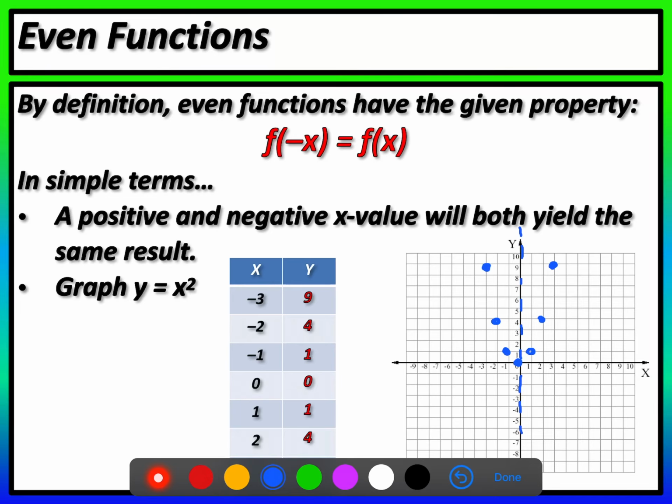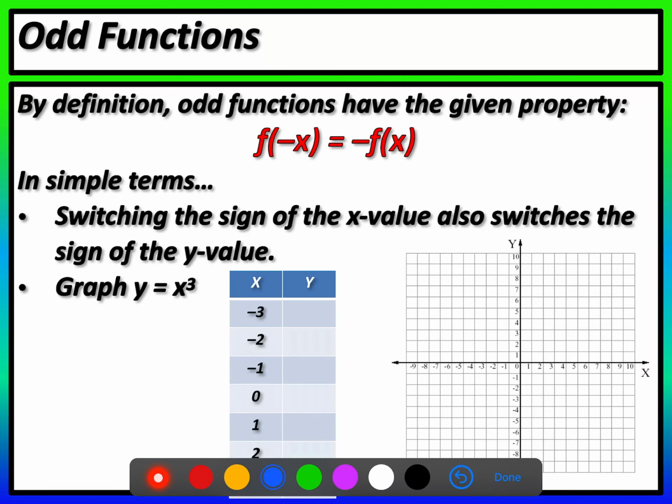Okay, we see that if we folded our graph here and creased it on the y-axis, I would get two symmetrical pieces that would fall on top of each other. Okay, so this is an even function.